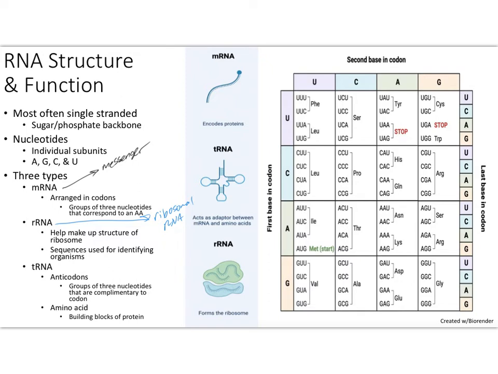And in fact, it was looking at ribosomal RNA sequences that allowed organisms to be grouped into 3 domains of life. Before being able to understand RNA sequencing or ribosomal RNA sequencing, we just had basically 2 domains of life. We had the prokaryotes and the eukaryotes. But it was looking at these ribosomal RNA sequences in various prokaryotes that led to the development of the 3-domain system, because it was found that the ribosomal RNA in certain organisms, certain prokaryotes, was very different than the ribosomal RNA found in what we now call the bacteria.